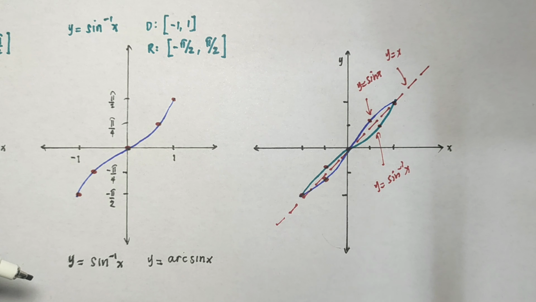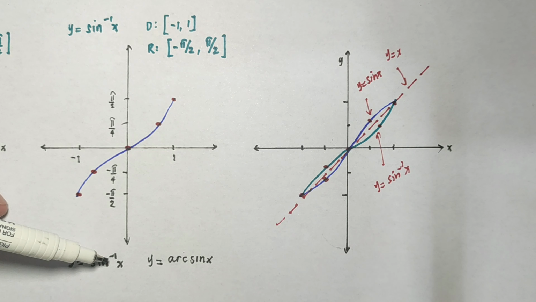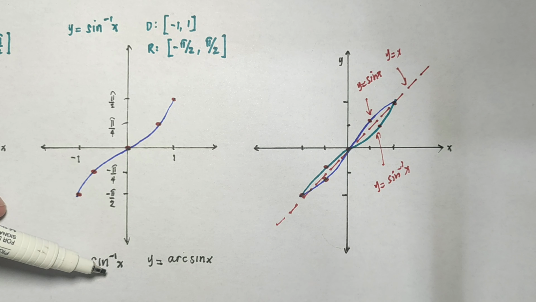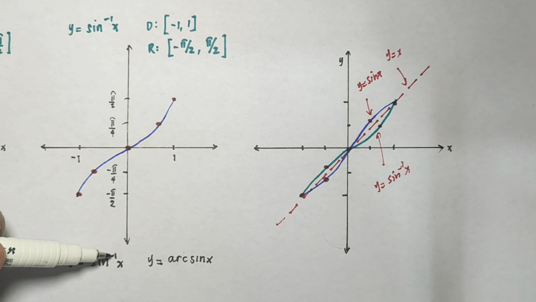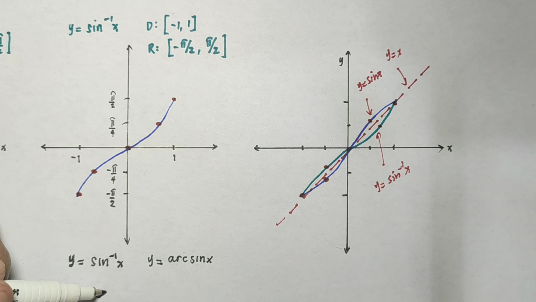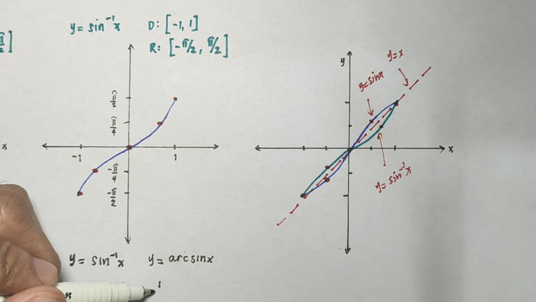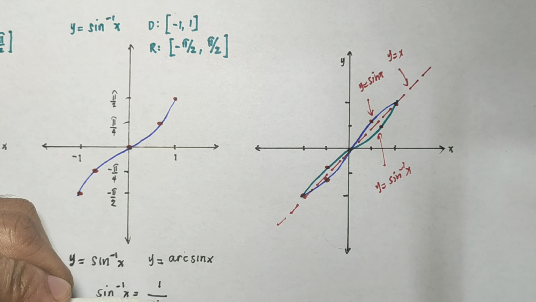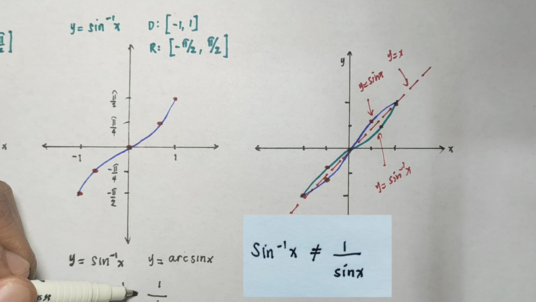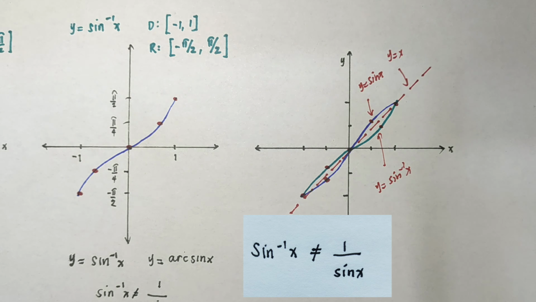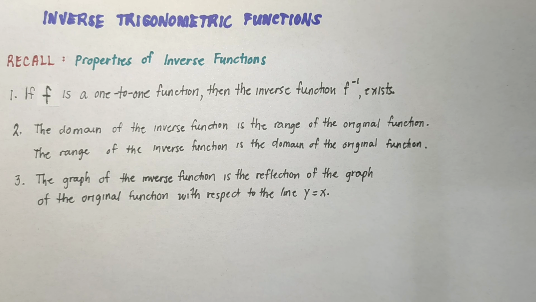It is important to remember that negative 1 here is a superscript and indicates an inverse function. So this is not an exponent, and we cannot say that inverse sine x is the same as 1 over sine x. Okay? So once again, this is not equal. Okay, so let us go to the property of inverse function number 4.